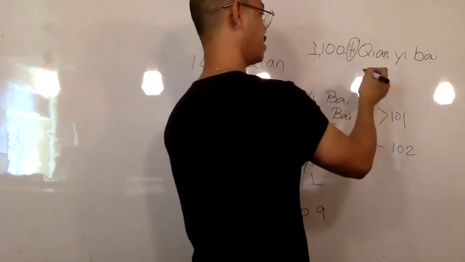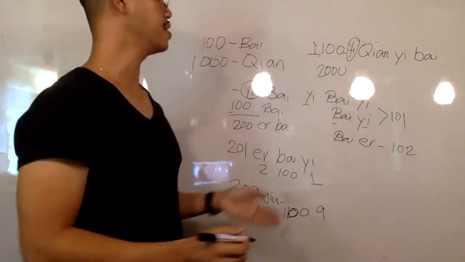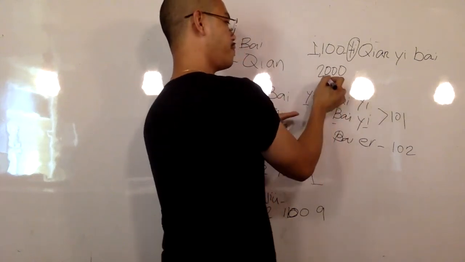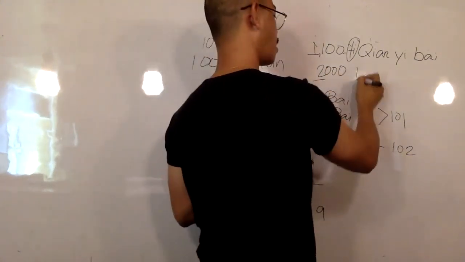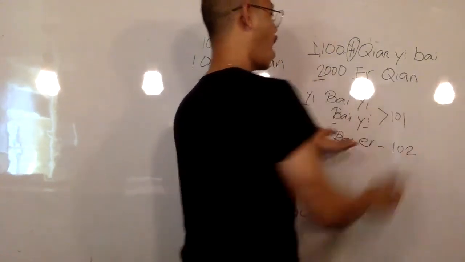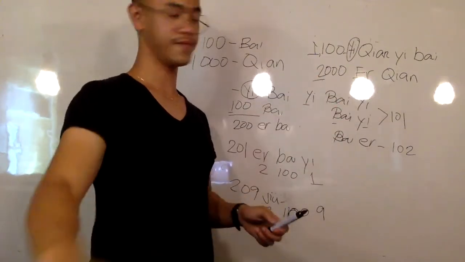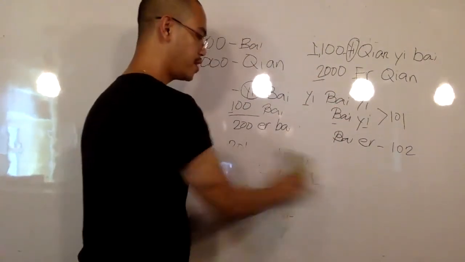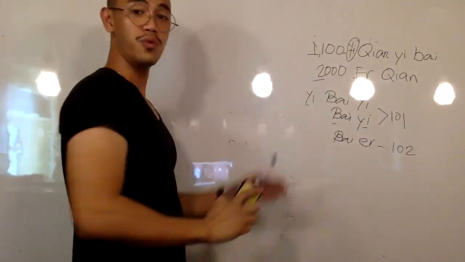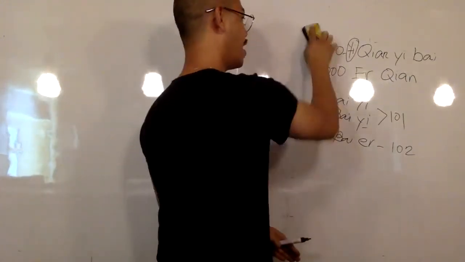How about 2000? How to say 2000? Remember the word 2 in Mandarin is èr. So you say èr qiān. I hope it's very clear for you and you've learned how to count from 1 to 100 in Mandarin, even 1,000.